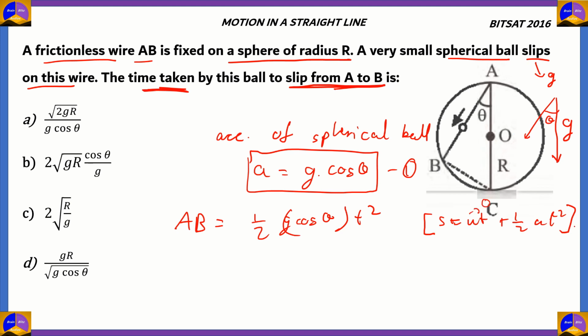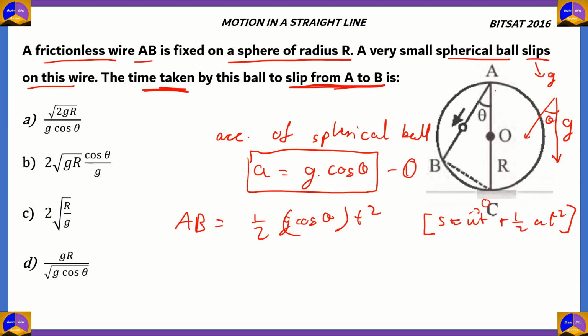And that's why we just have half at squared. Here the acceleration is g cos theta and the time is t. We took the time as t because in the final answer we need to find the time period, so t is important. So we took it as a variable t.